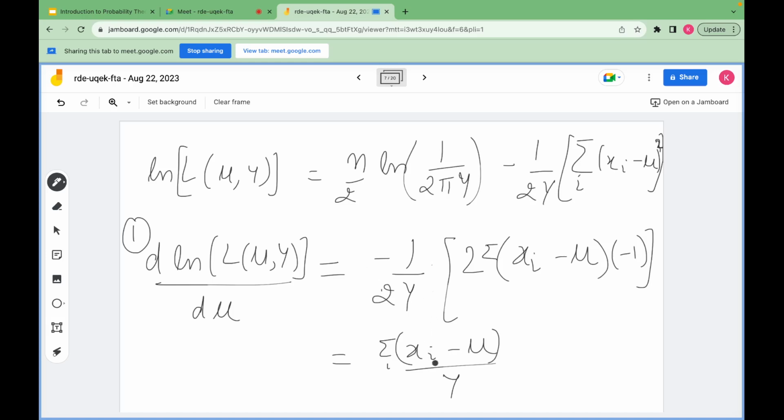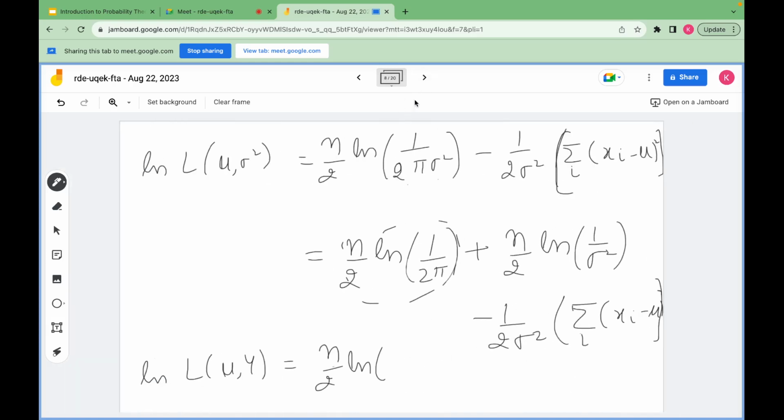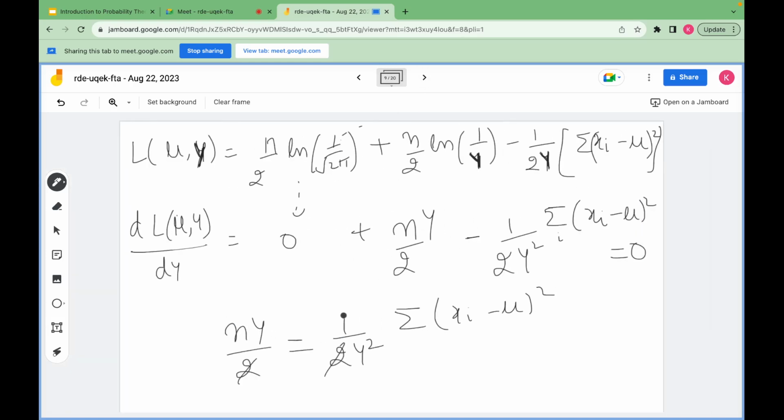So here, okay. So this was the first equation. This is the second equation.